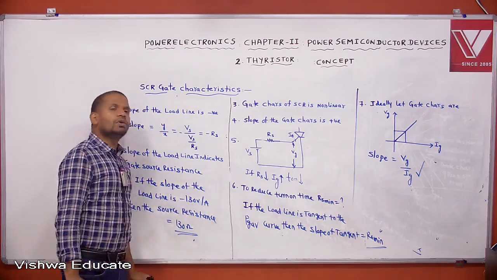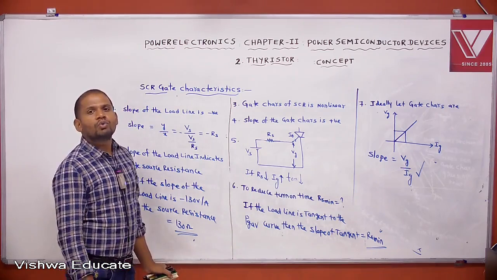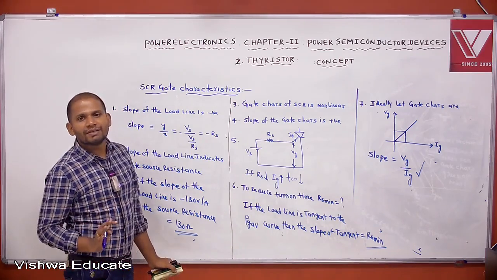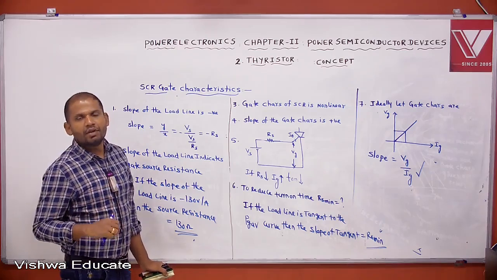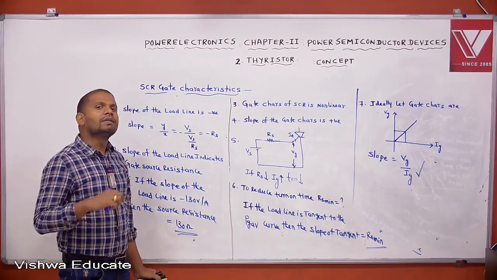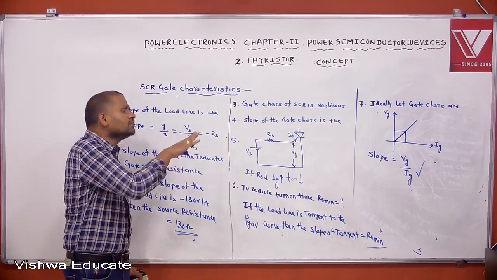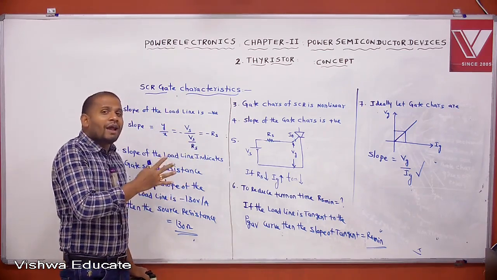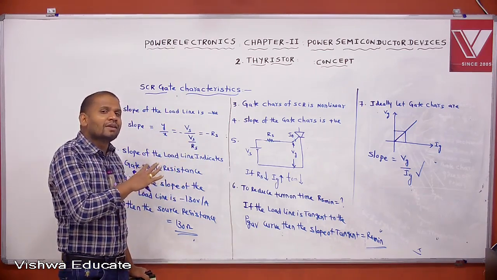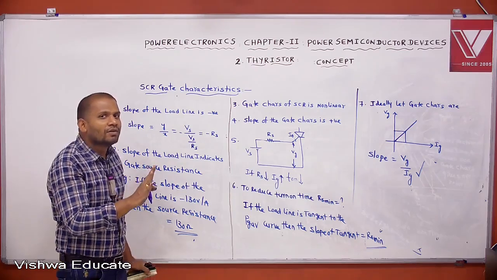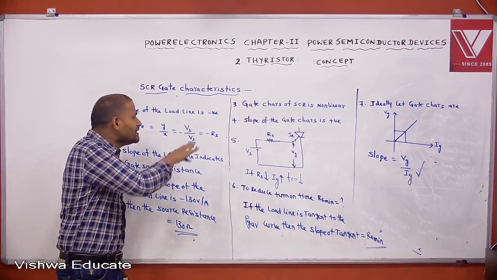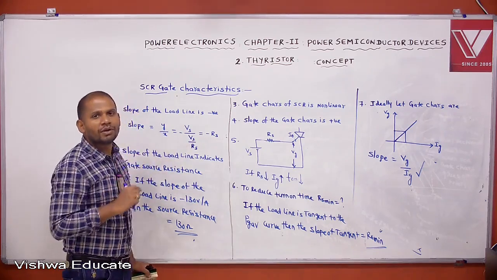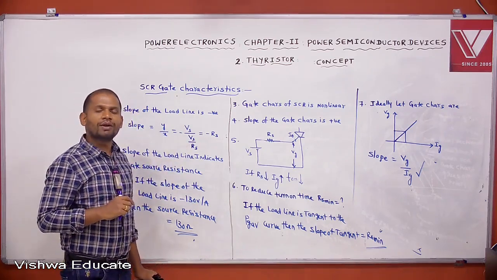This was about how to draw the gate characteristics of a thyristor, then how to find the operating point. From that operating point, we can list out some points. These points are important. How we draw the gate characteristics, that concept alone, is not important from a competitive point of view. From that, we list out these points, which are important for any competitive exam.